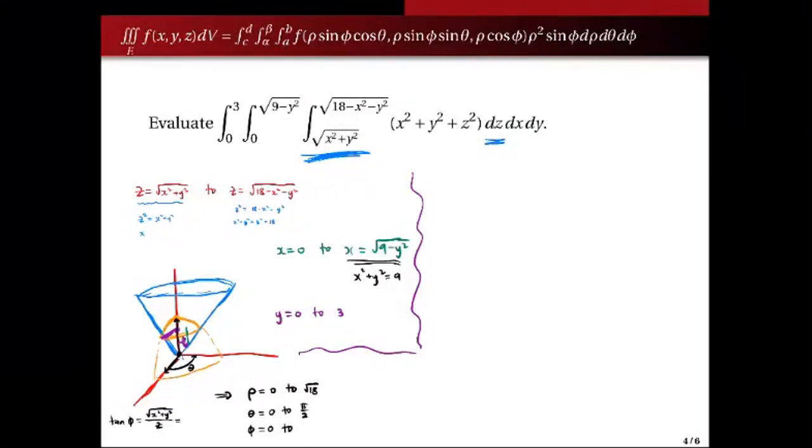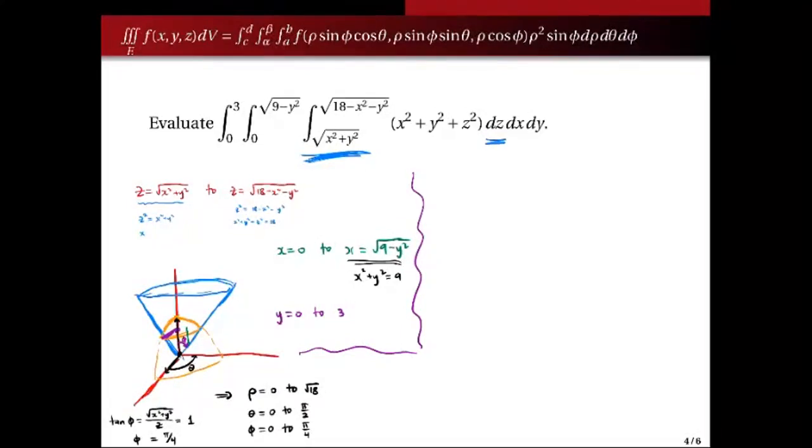So this is equal to 1. Which means this part here is just phi equals pi over 4. So our phi will run from 0 until pi over 4.